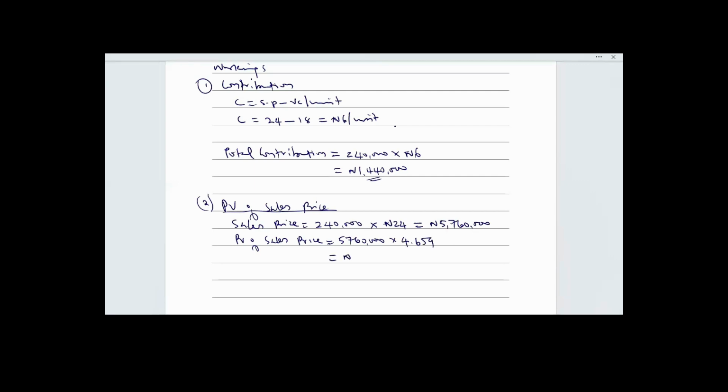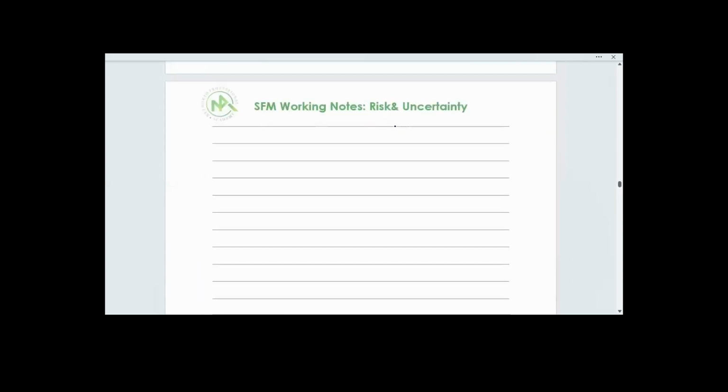What do you have here? 5,760 multiplied by 4.659 equals 26,835,840. So this represents the PV of sales value. Since our numbers are restricted to 1,000, that will be 26,836.